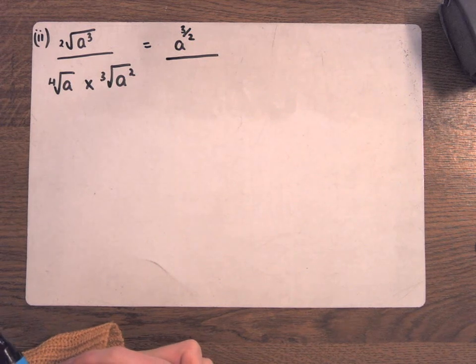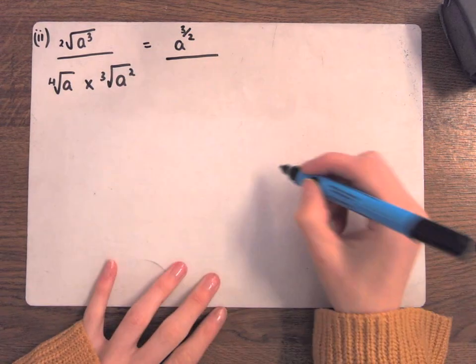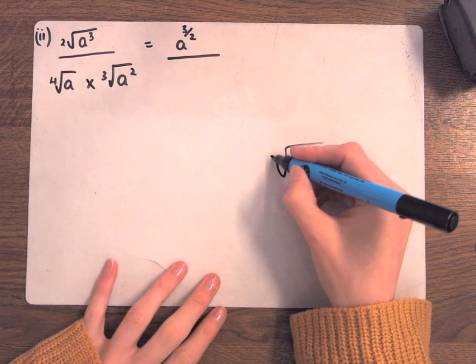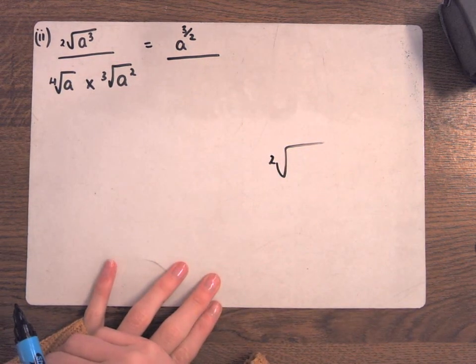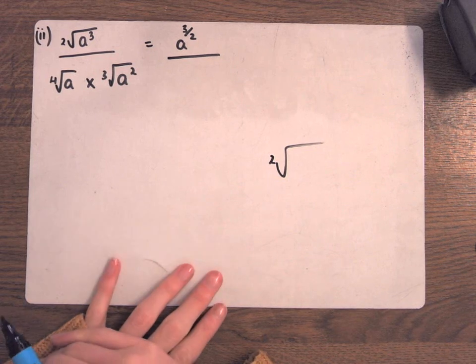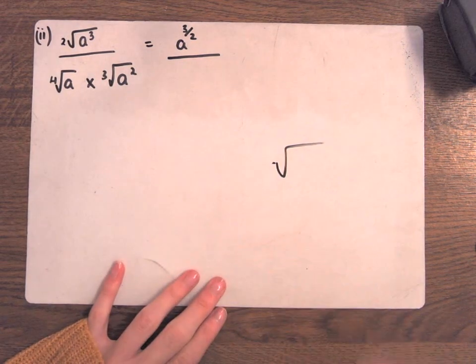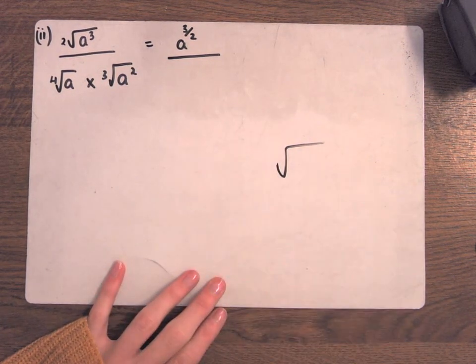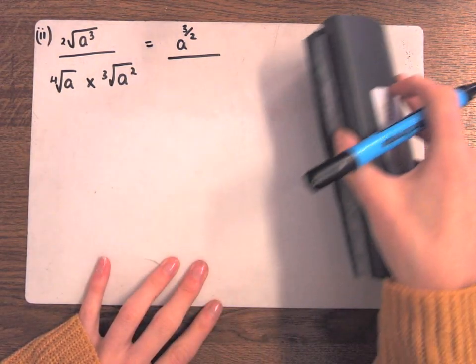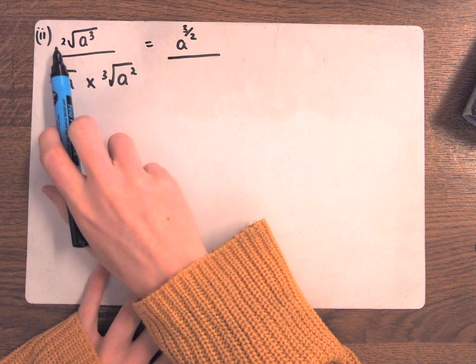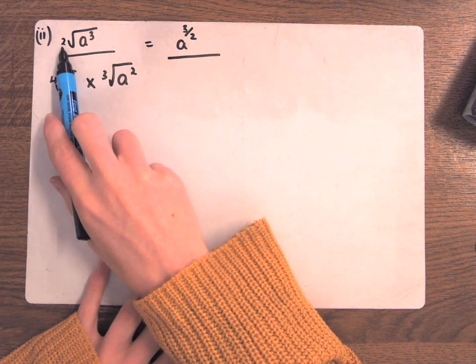Normally square root is just written without the 2, but it's the exact same thing. That's what square root means. You're trying to find what by itself twice gives you.